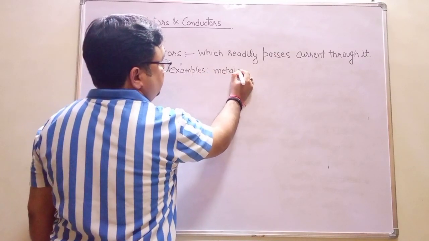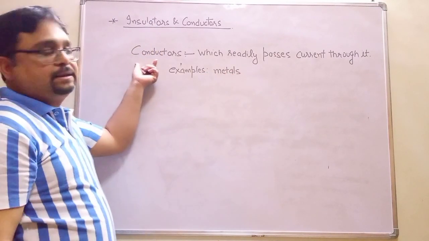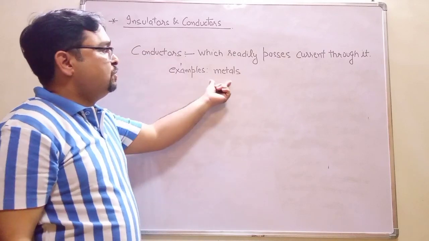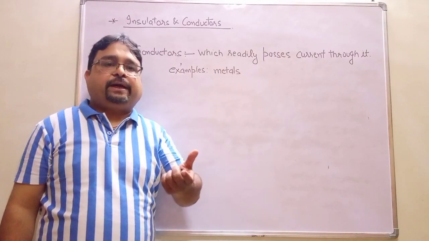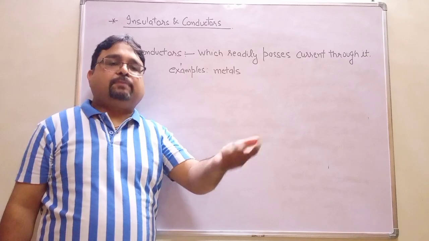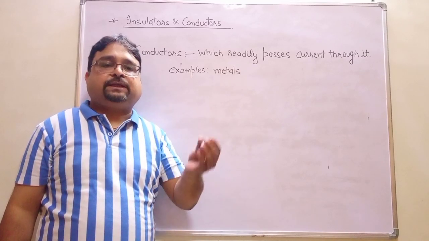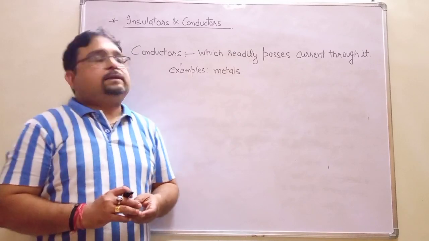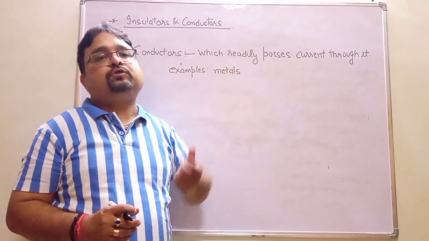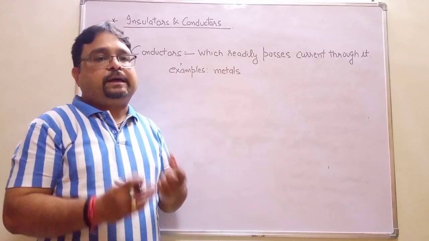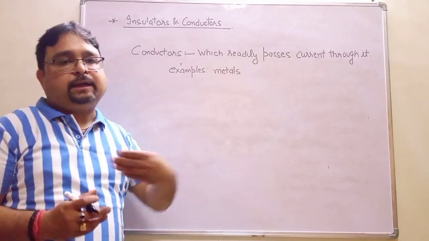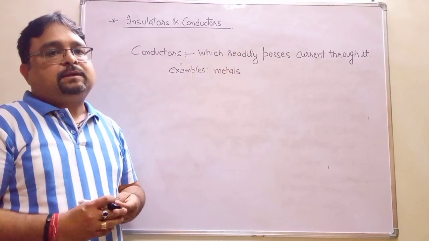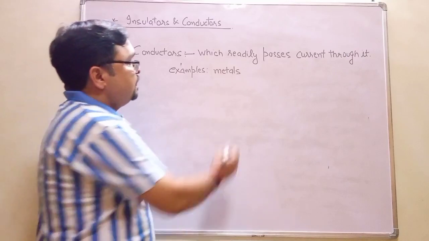they are good conductors of electricity, because we know that if you have a copper wire or some aluminum wire, you might have seen in your house in the wiring circuits that we use copper wire and aluminum wire, because they are good conductors of electricity, and they will pass the electricity through it.